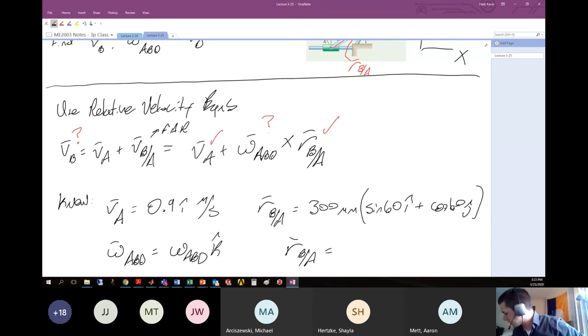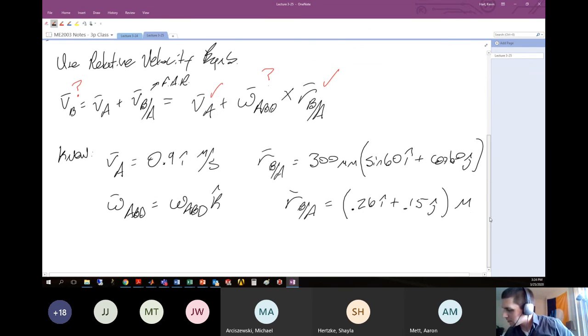We'll convert the millimeters to meters and use our trigonometric relationships. The position vector of B relative to A is 0.26 i hat plus 0.15 j hat meters. So these are some things that we can define straight away. This helps us quite a bit.